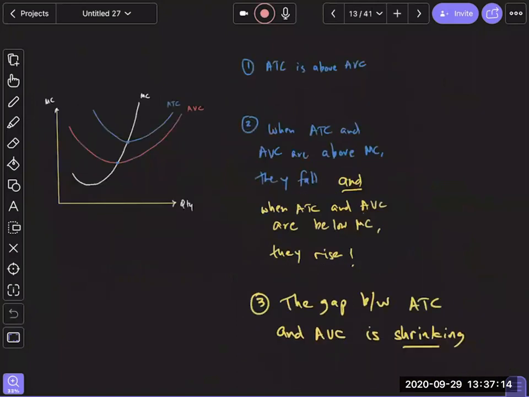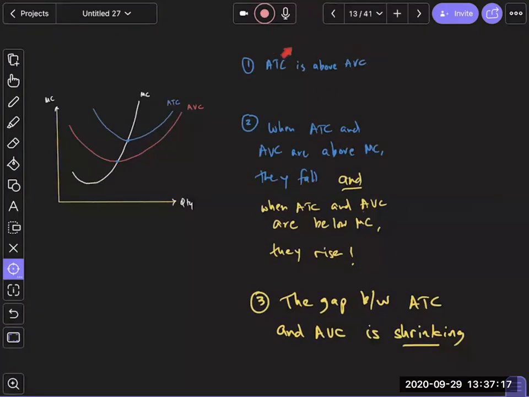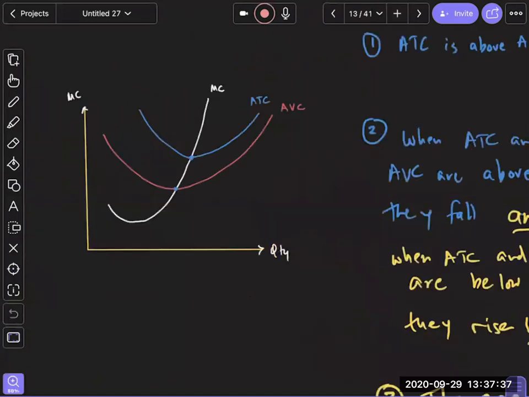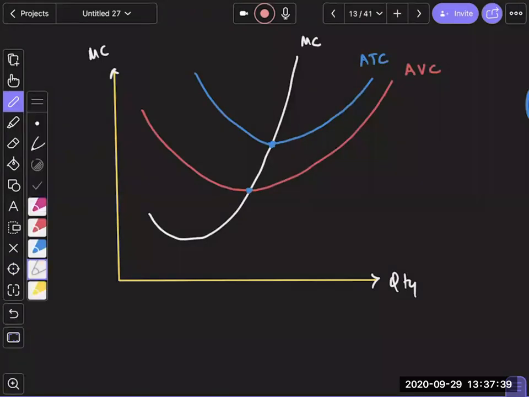Okay, can somebody help me, why is ATC above AVC? Why is ATC above AVC? Anyone? Why is ATC above AVC? Very good job, Isha. Anyone else? Very good job, Ekta. Because the gap between, guys, the gap between ATC and AVC is AFC.